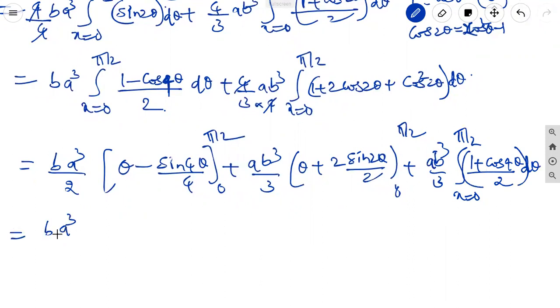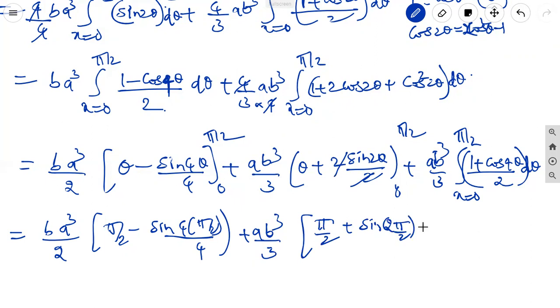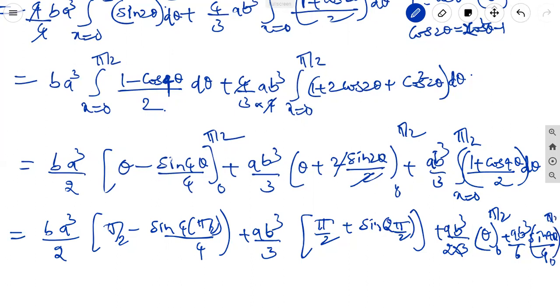It is equal to b a cube by 2 times: pi by 2 minus sine 4 pi by 2 by 4, lower limit is 0 into 0, 0, it's 0 only, plus a b cube by 3, it's pi by 2, plus sine 2 pi by 2, lower limit 0, sine 0 is 0, plus a b cube by 3 into 1 by 2, integration of 1 is theta, limits from 0 to pi by 2, cos 4 theta integration is sine 4 theta by 4, limits from 0 to pi by 2.